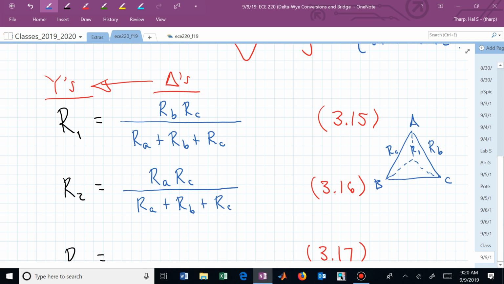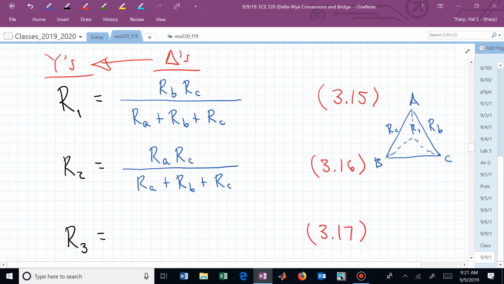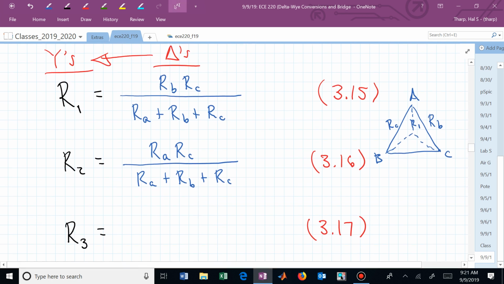You say, oh, R1 is actually touching R sub B and R sub C. That's the product I'm going to end up with in the numerator. And downstairs, it's just going to be the sum, RA plus RB plus RC. That's how to go from delta to Y to obtain R sub 1. R sub 2 is likewise, where's R sub 3 in this diagram?